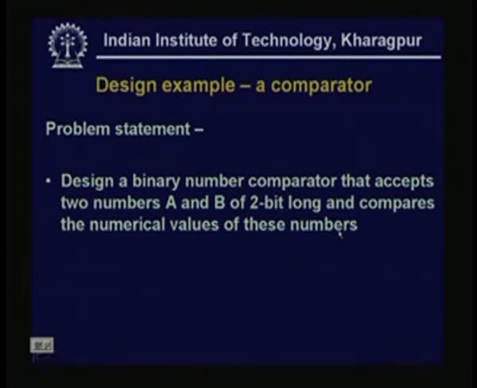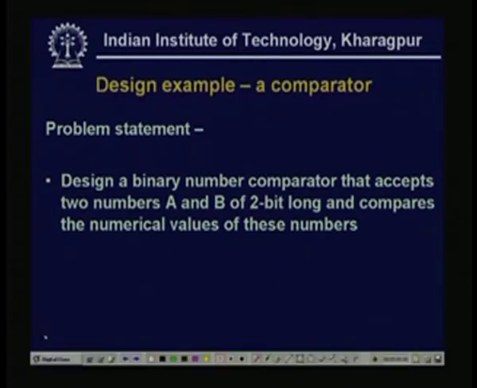So, if I draw that, say this is a system, my comparator, there will be 2 inputs, 2 bit.